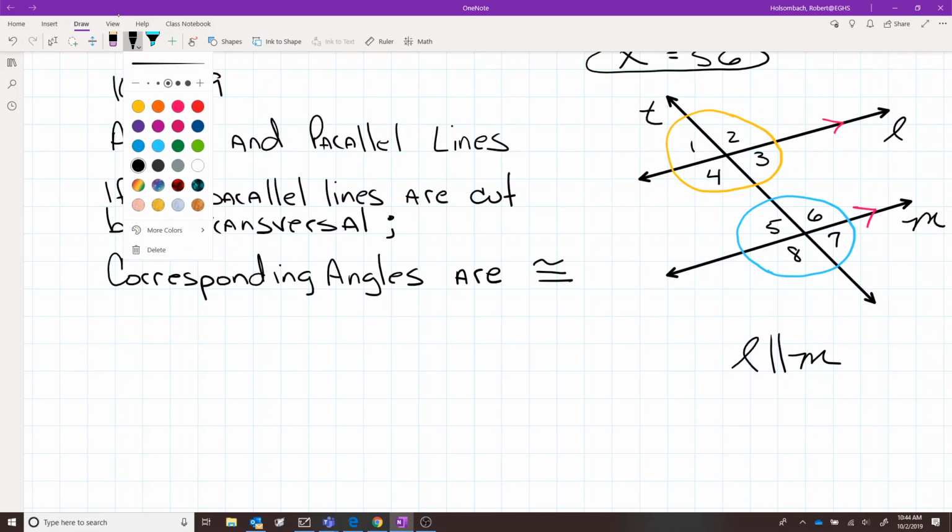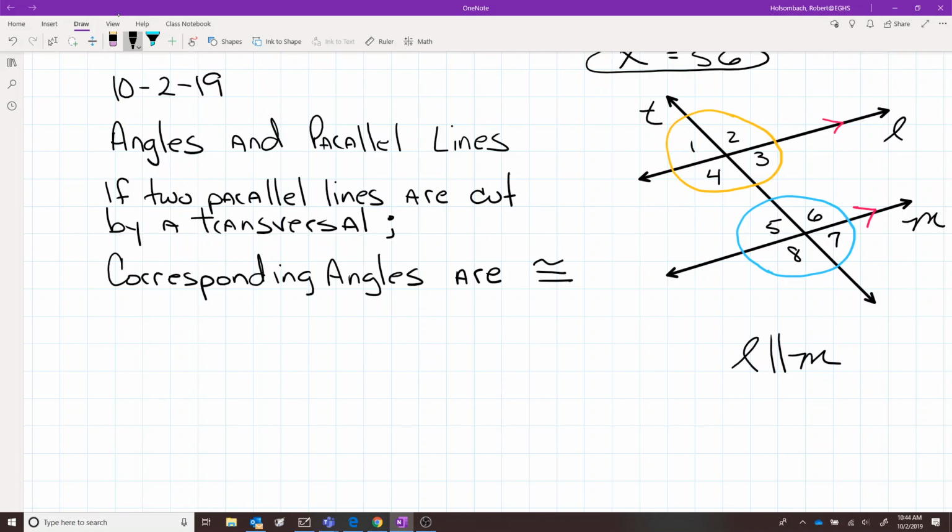So do you see where angle 1 is in the upper left position? And angle 5 is in the upper left position of its group. That means they correspond to each other. They hold the same position. So angle 1 is congruent to angle 5. And what's angle 2 going to be congruent to?